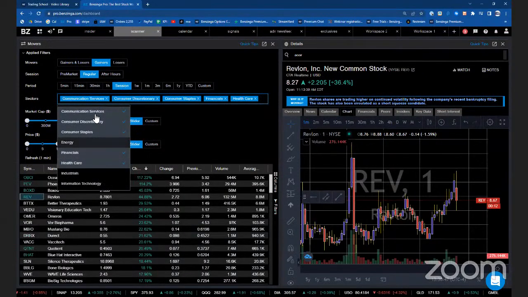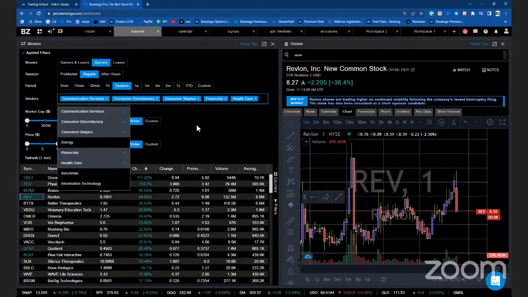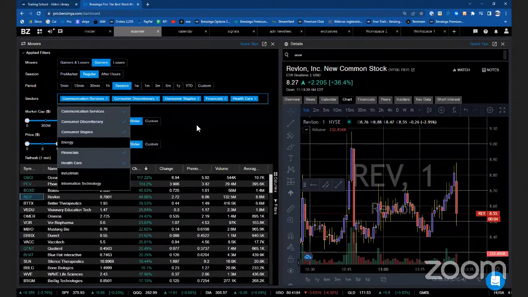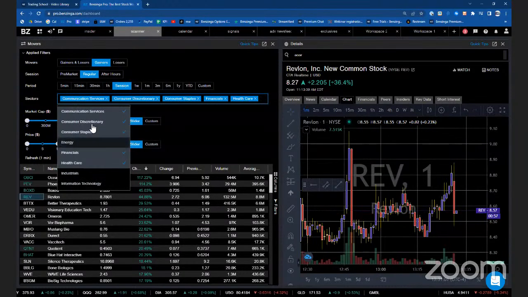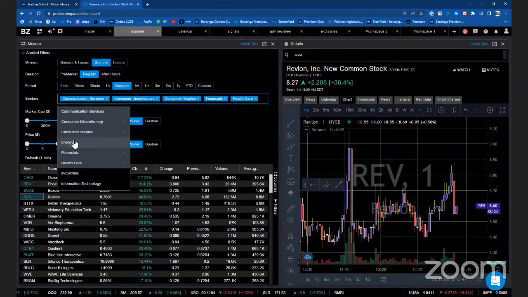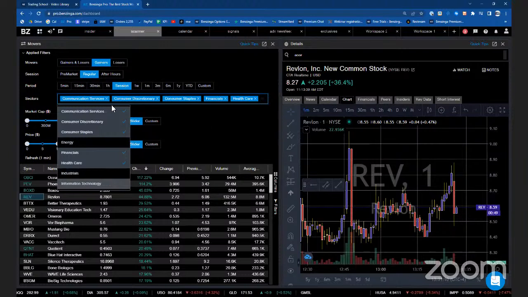So these sectors that are highlighted are the sectors that you're going to find in this scanner, right? That means if I have it set up like this, it's only going to show me companies in these sectors, and it's not going to show me companies in these other sectors, like energy, industrials, information, that sort of stuff. So this is how I use it.